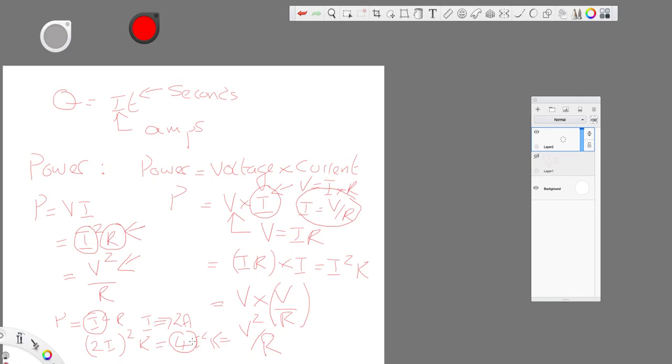So there are my hints and tips for doing electricity questions. I've only talked about Q equals IT, the charge equation and the power equation. Of course, power is measured in watts, charge is measured in coulombs, which is a capital C, current in amps, time in seconds, resistance in ohms, which is spelled O-H-M-S.